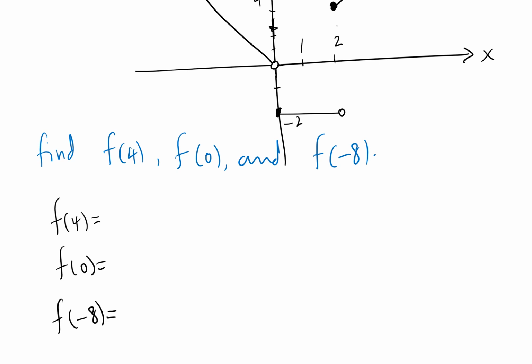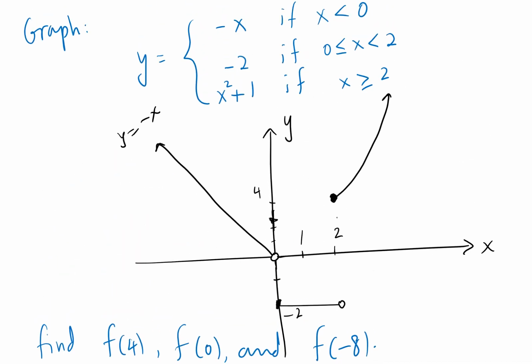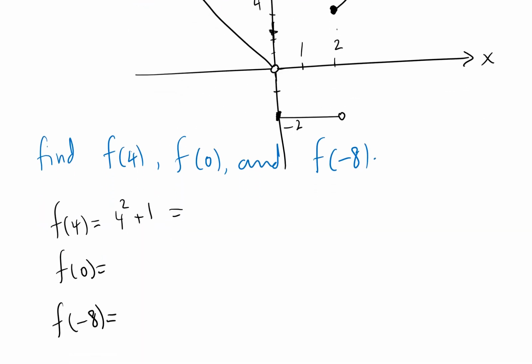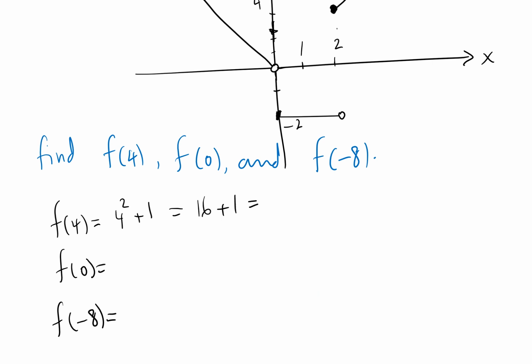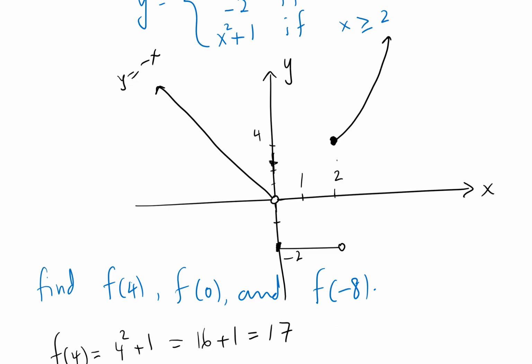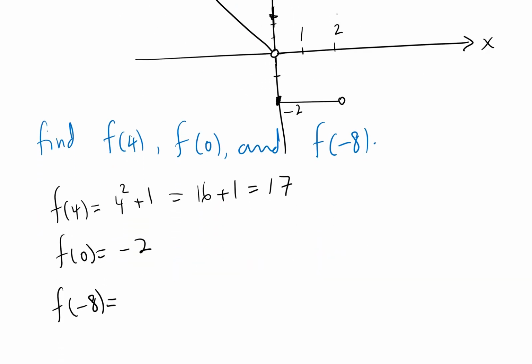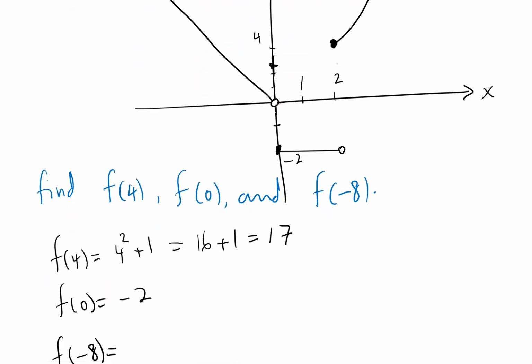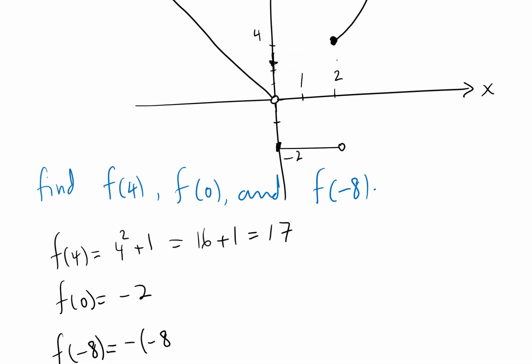F of 4, we substitute in the last one, because the last one says use that equation if x is bigger than 2 or equal. So that gives us 16 plus 1, 17. F of 0, when x is 0, we use the second one, which is always negative 2. F of negative 8, that's less than 0, the first one. So negative negative 8. So the answer is 8.